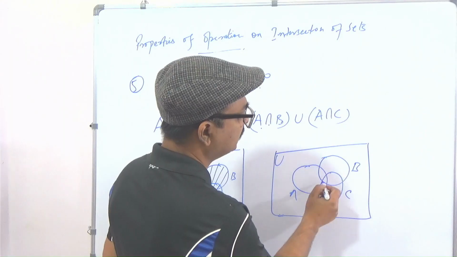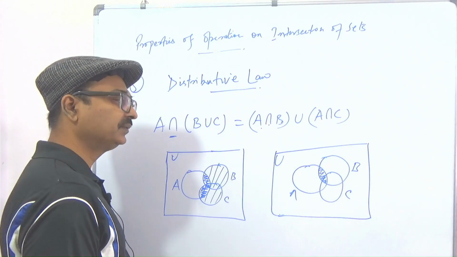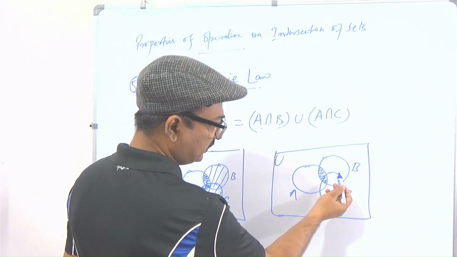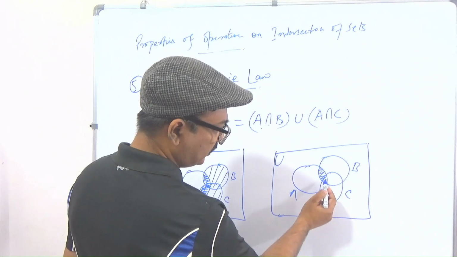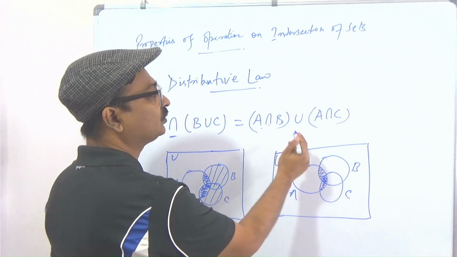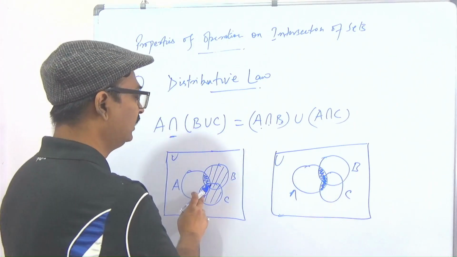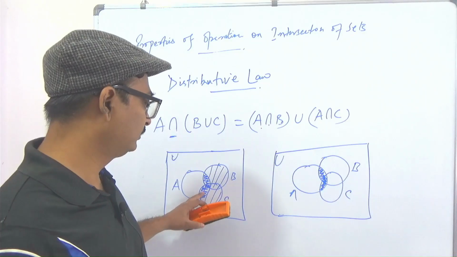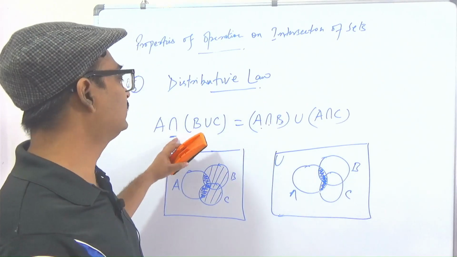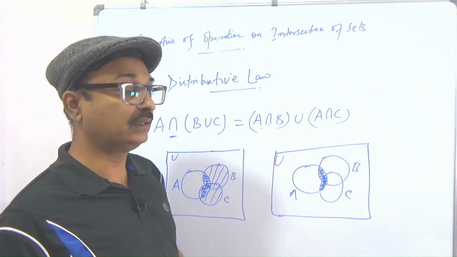This is B, this is A, so we have this thing as A intersection B. And then it says A intersection C. This is C and this is A, so this is A intersection C. And the union of these two, that is, we take both. Aren't they the same? So A intersection B union C is A intersection B union A intersection C.